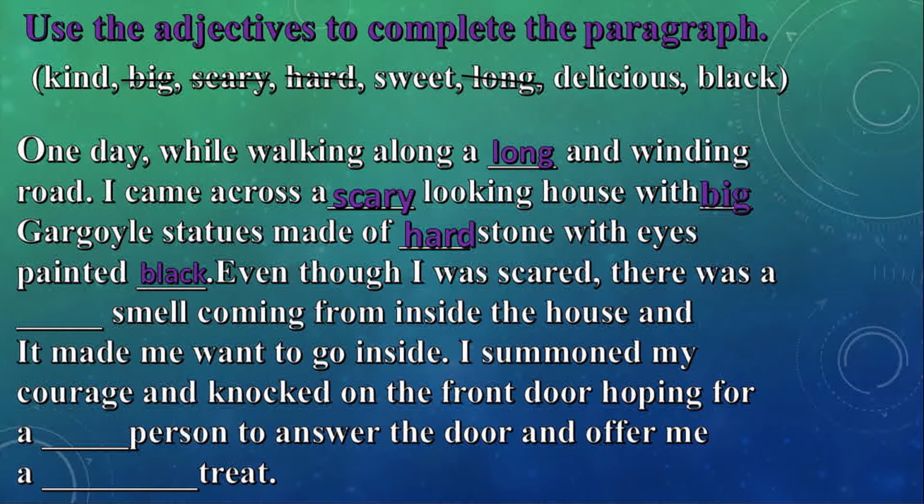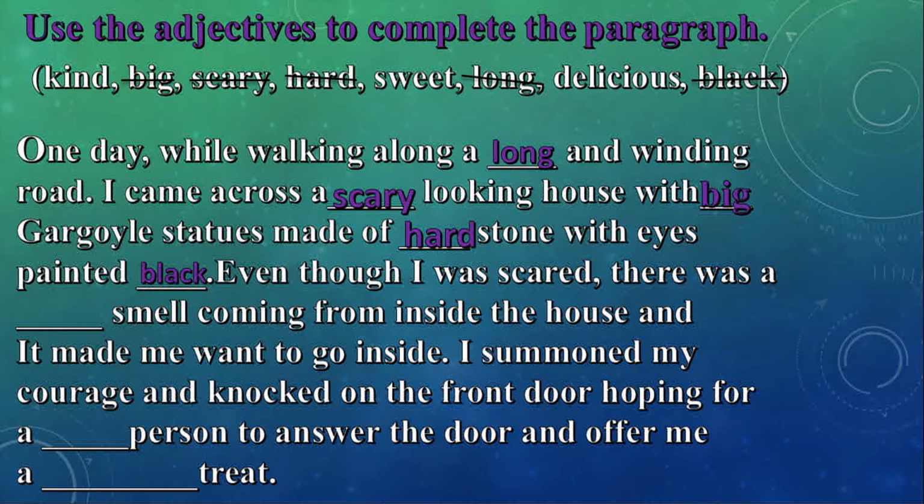Good, moving on. So even though I was scared, there was a something smell. So now you have the words kind, sweet, delicious remaining, and we just used black. So everything we have remaining there, which one will fit the best, right? So there was a something smell coming from inside the house.